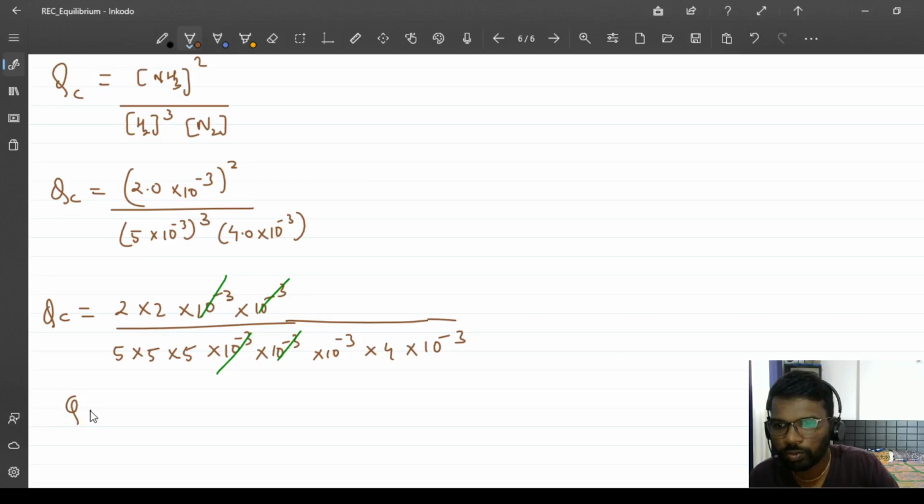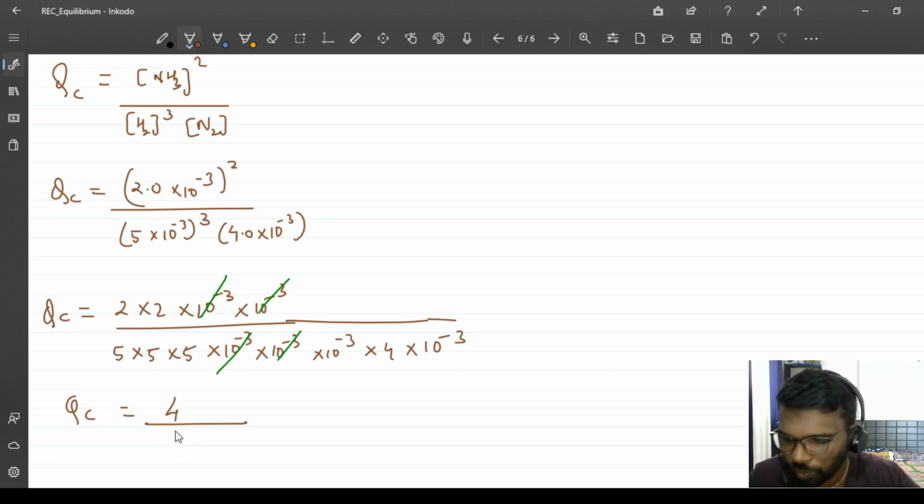So QC is equal to 4 in the numerator; in the denominator, 25, and into 5 will be 125, into 4, so this comes to 125 into 4, which is 500. The power that remains is 10 raised to minus 6.